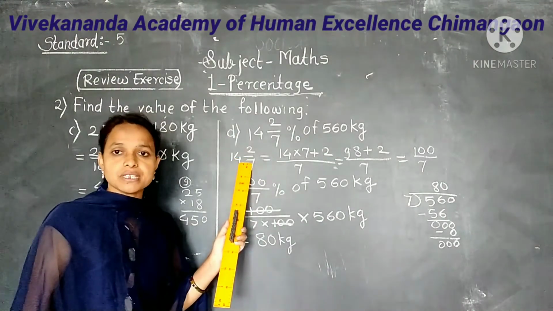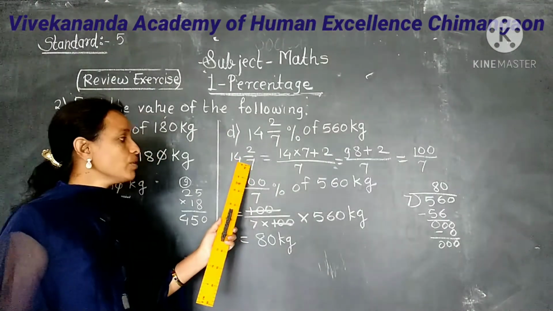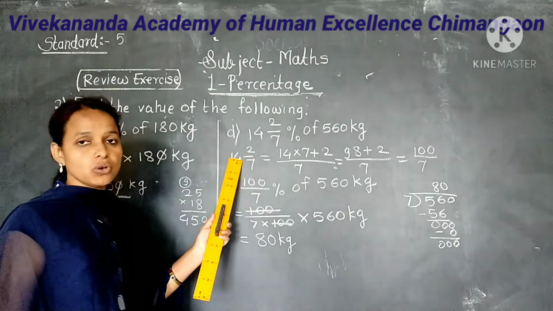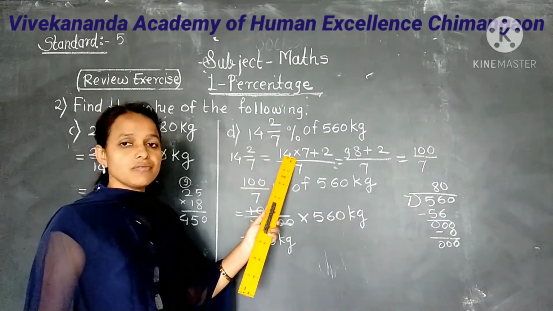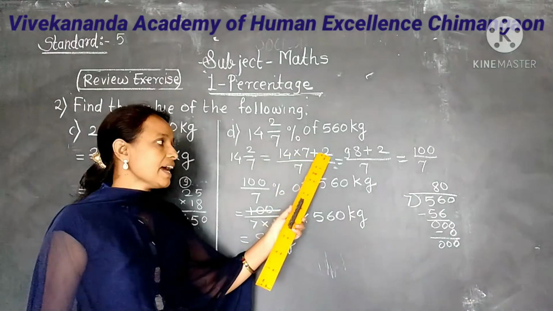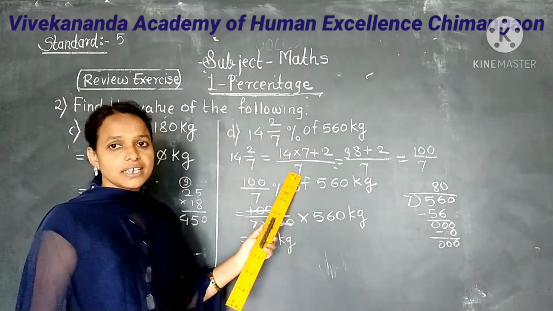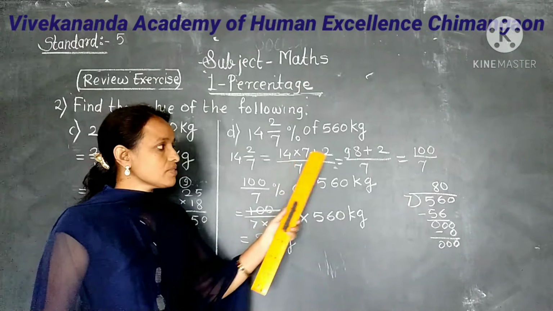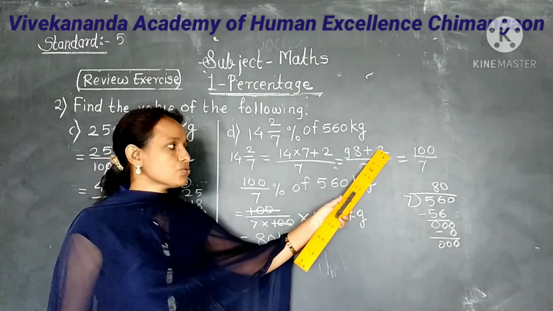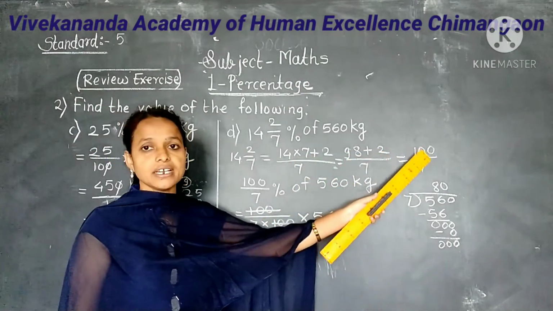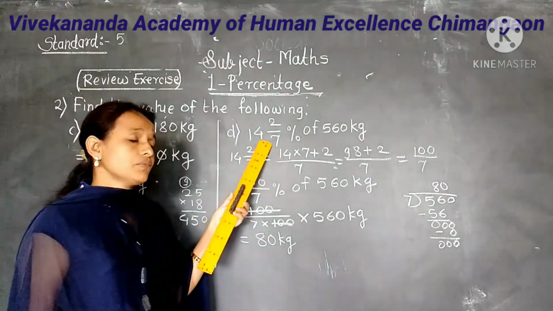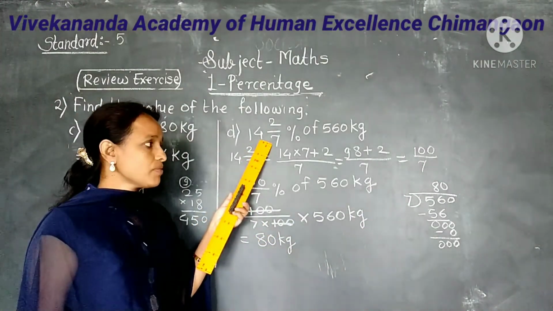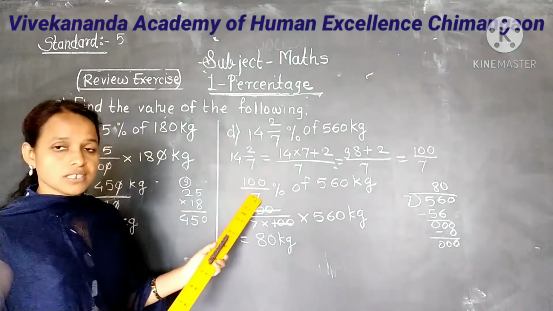To convert mixed fraction into improper fraction, we have to multiply denominator with whole number and then we add numerator. So here we multiply 14 by 7 and add 2 and write 7 at denominator. 14 7s are 98 plus 2, 100, 100 upon 7. Now here we converted mixed fraction into improper fraction as 100 upon 7.